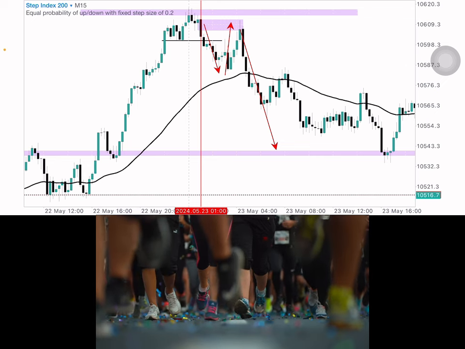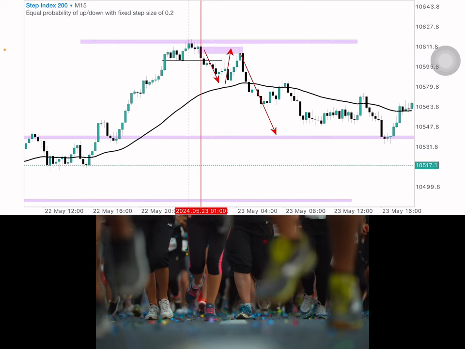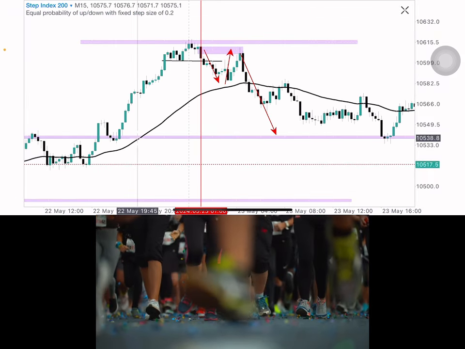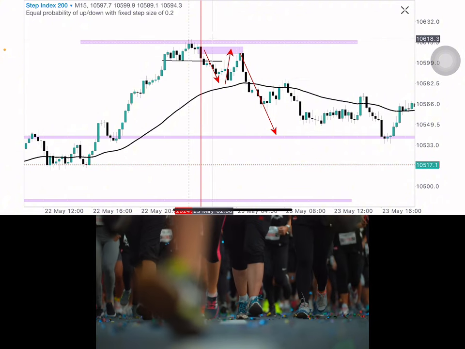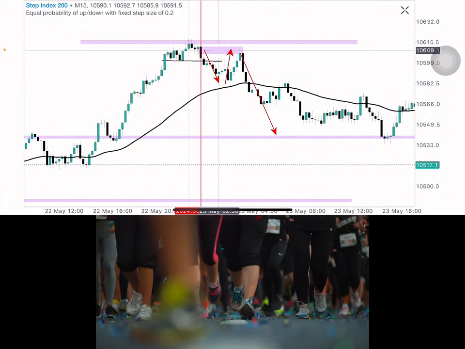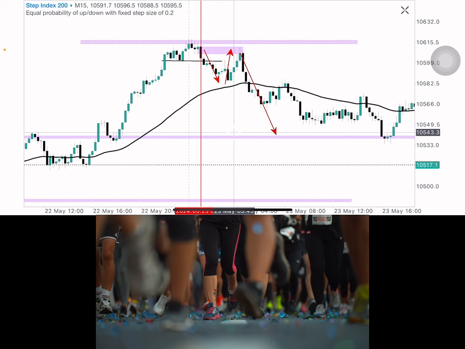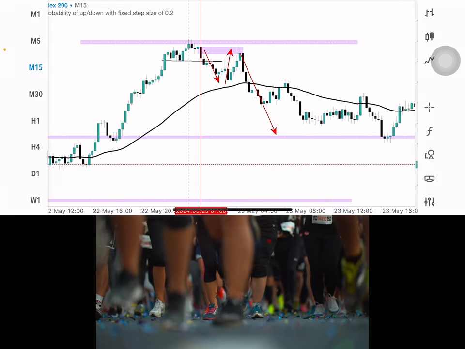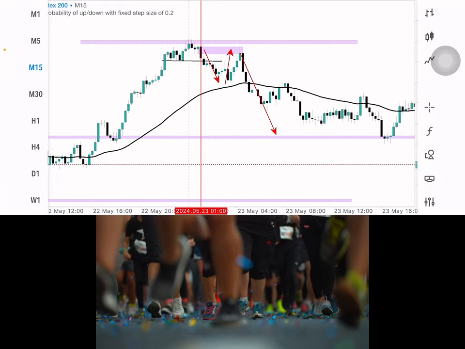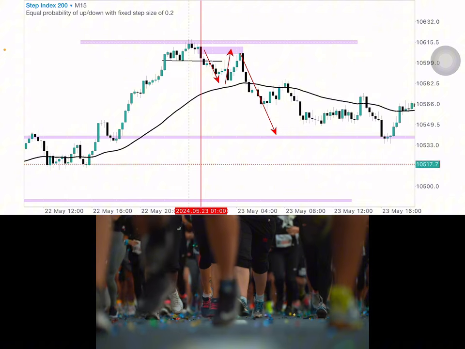You just place your trade and place your stop loss above. In this scenario, I would have placed my stop loss above this high, then taken profits at this low, and that would have given you a lot of profits.